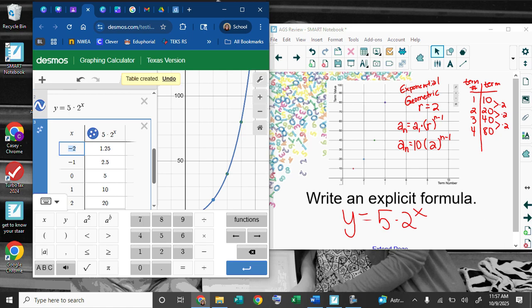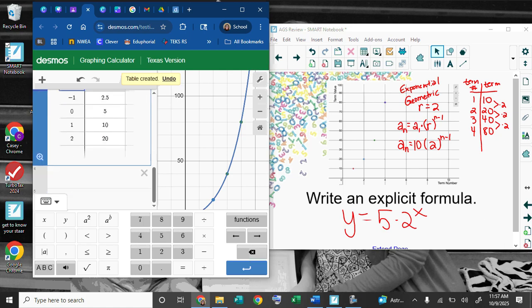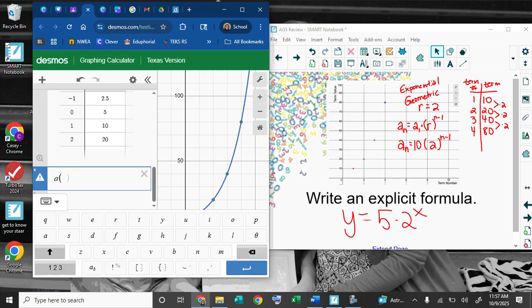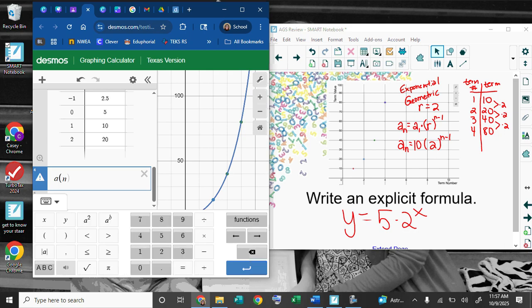You can also say, okay, well, if it's a subscript, you just put it in parentheses: a sub n equals 10 times 2, you push this a, b, I'm raising it to the, you have to put it in parentheses, n minus 1.